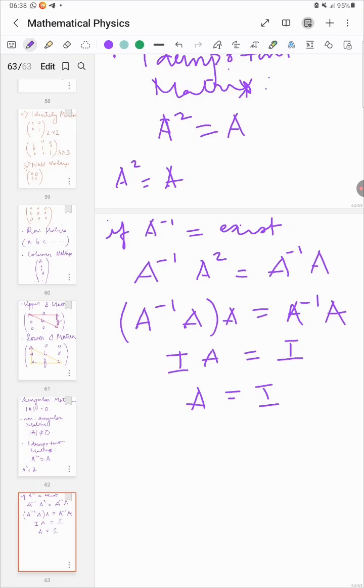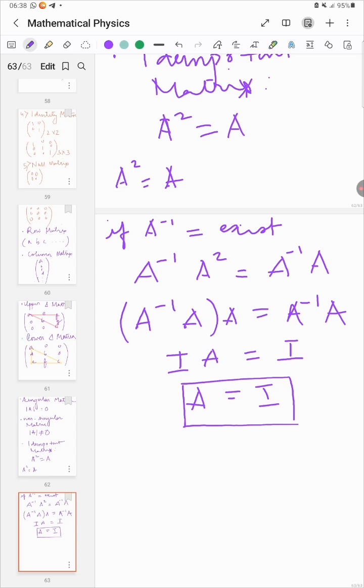So the identity matrix turns out to be the only idempotent matrix whose inverse exists. Else there are no other such matrices, that is, their determinant is equal to 0. If the determinant is equal to 0, then that matrix's inverse does not exist.